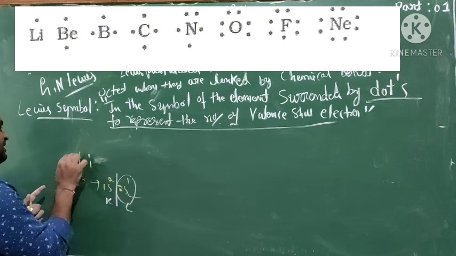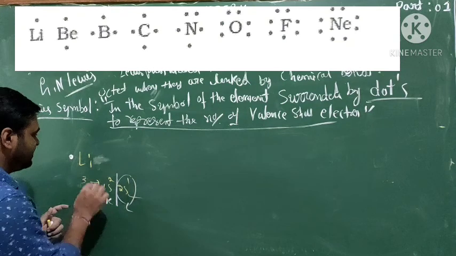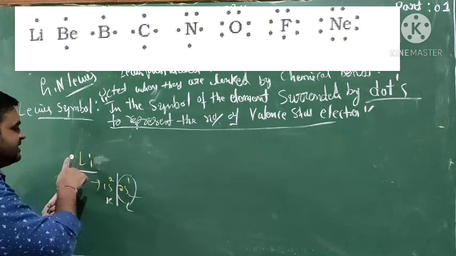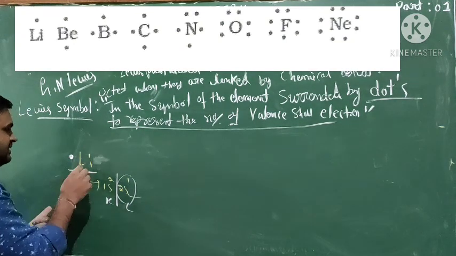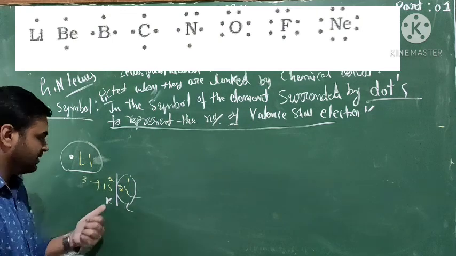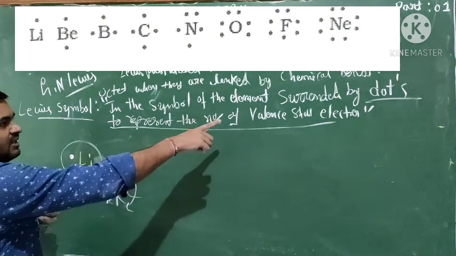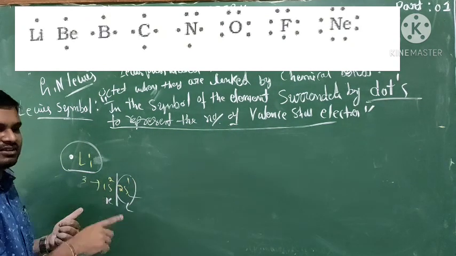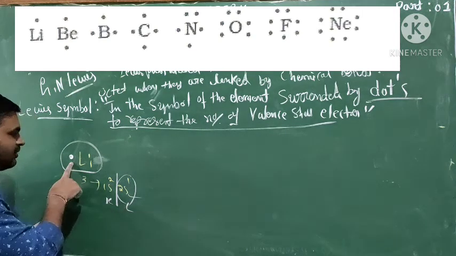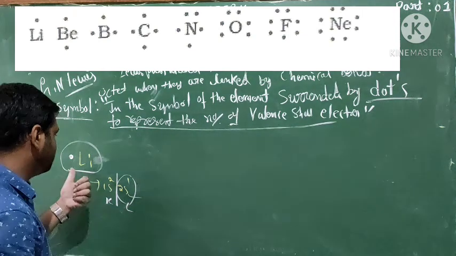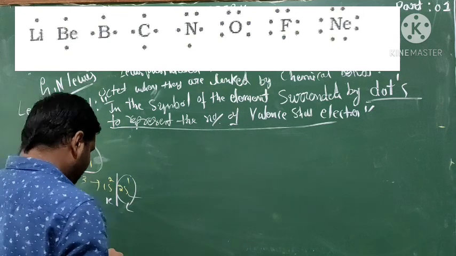This is the Lewis symbol, a dot-wise representation. This dot is a valence shell electron. How many electrons are present? Only one valence electron.